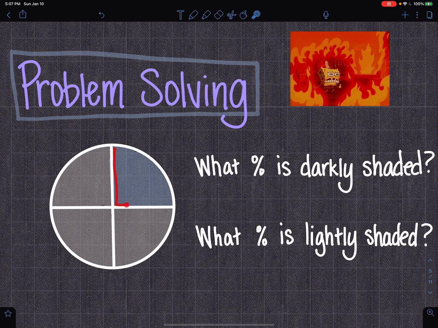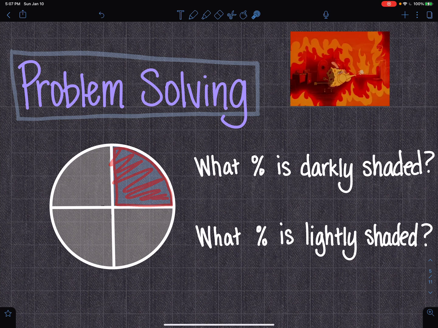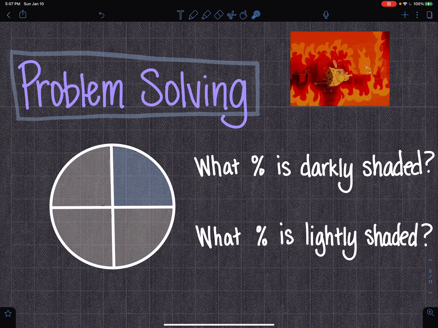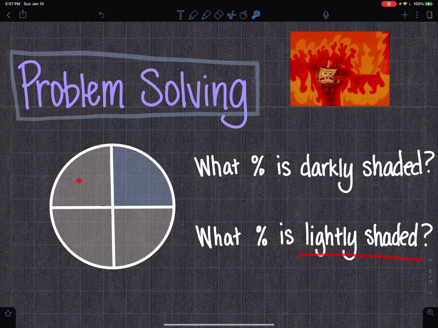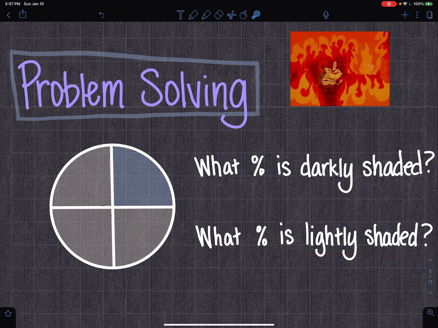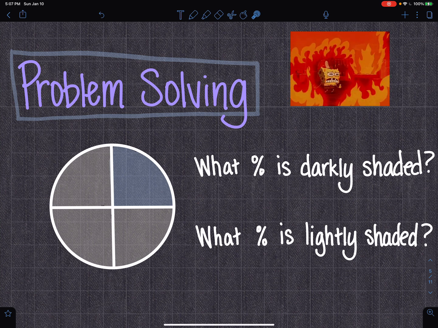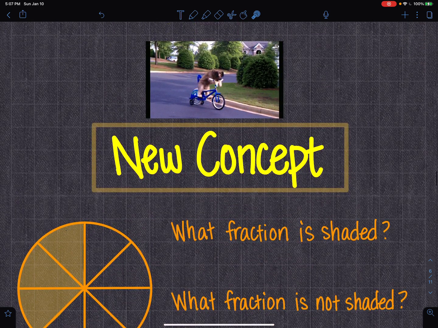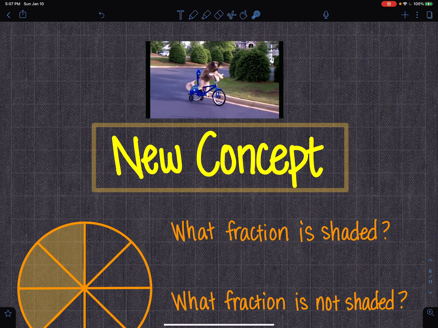Write your answer. And then it wants to know what percent is lightly shaded, like these. If you had to pick a percent, what do you think it would be? All right, I'll let you figure that out, and we're going to move on to the new concept, okay?